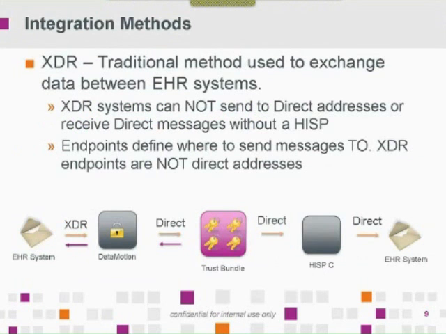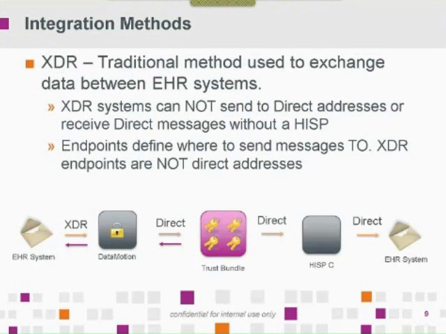Just to give an example of a very commonly seen integration method, which is known as XDR. It's important to note that these XDR systems are legacy. These are companies that have been in the business for 15, 20, 25 years and put together this XDR protocol that allows them to send messages between themselves, and that was 10 years ago.